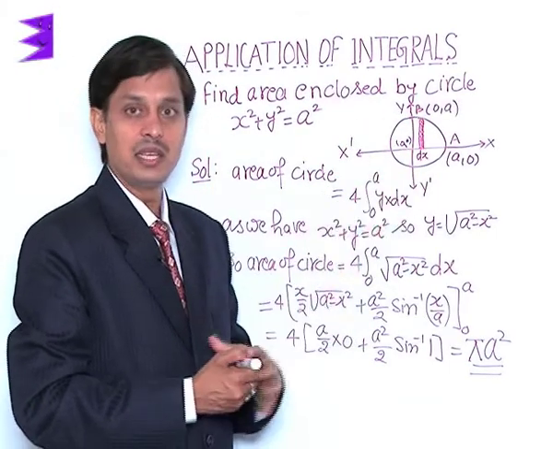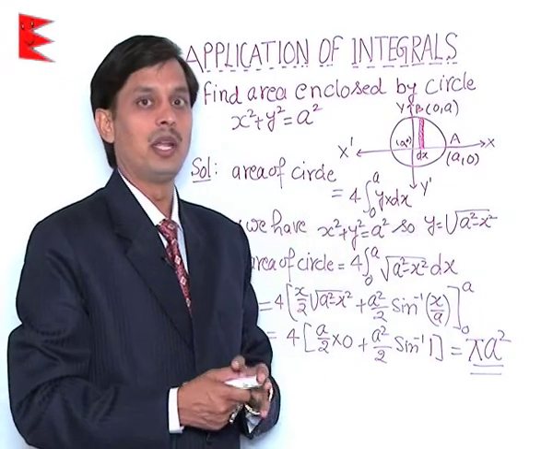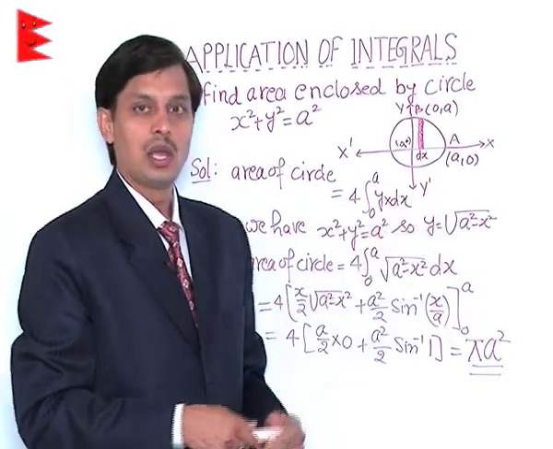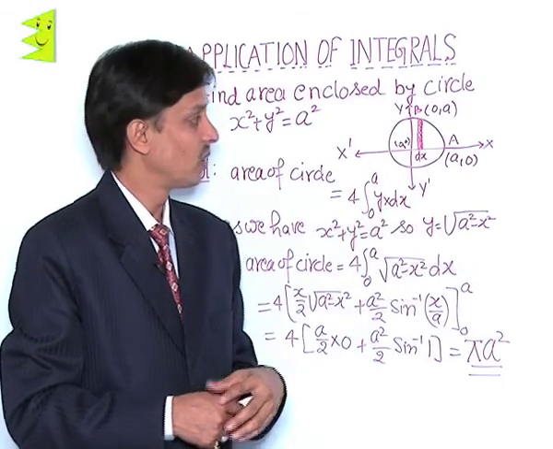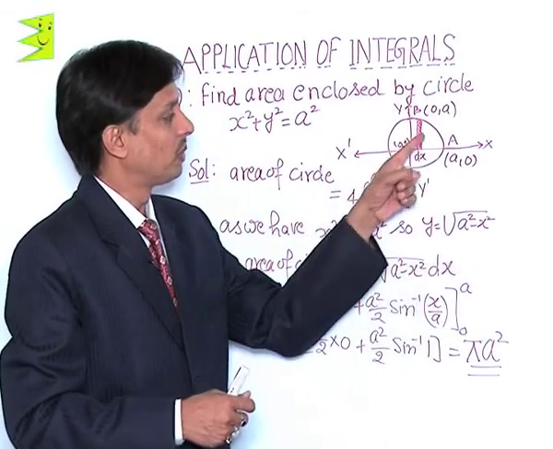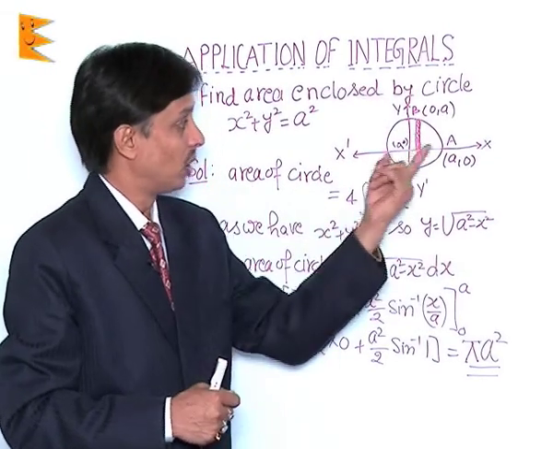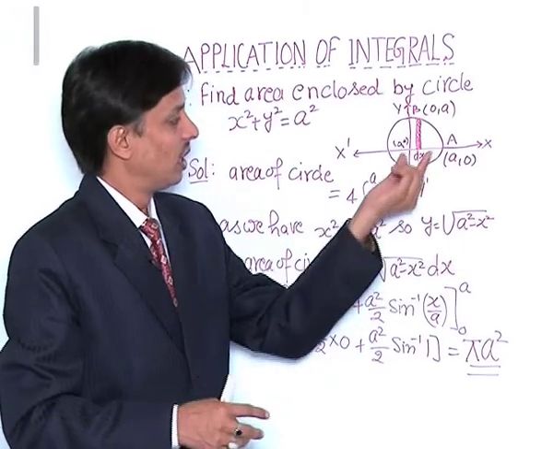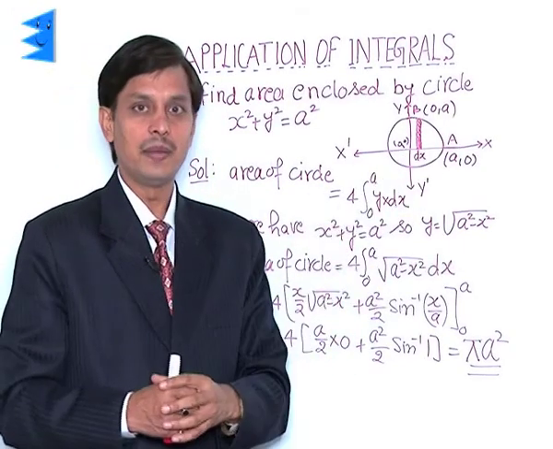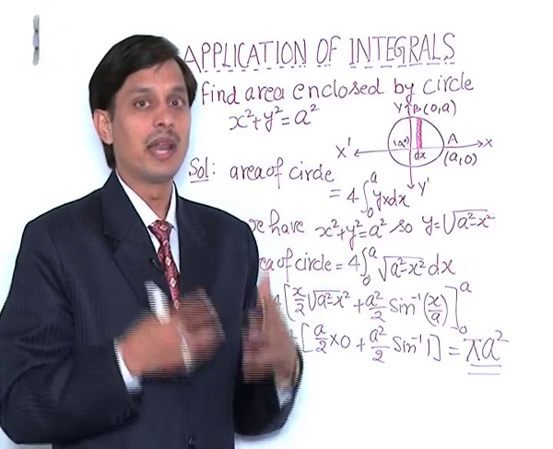Radius of the circle is a, that's why the coordinates of the point A are (a, 0), and the coordinates of the point B are (0, a). If the area of one of the parts is calculated and multiplied by 4, that will give us the area of the entire circle. Here the radius is a, so we can say the area is pi a square, direct formula.